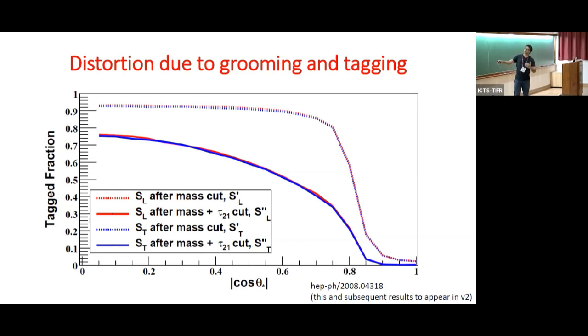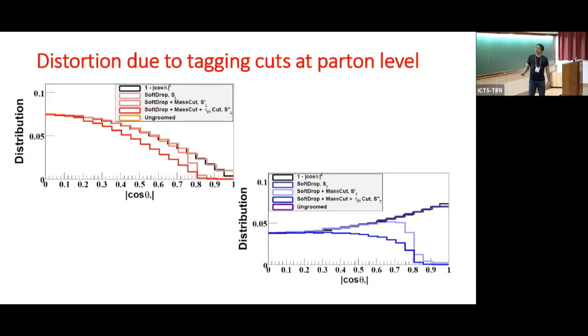In addition, your soft drop algorithm modulates your selection of W bosons as a function of cosine theta star.